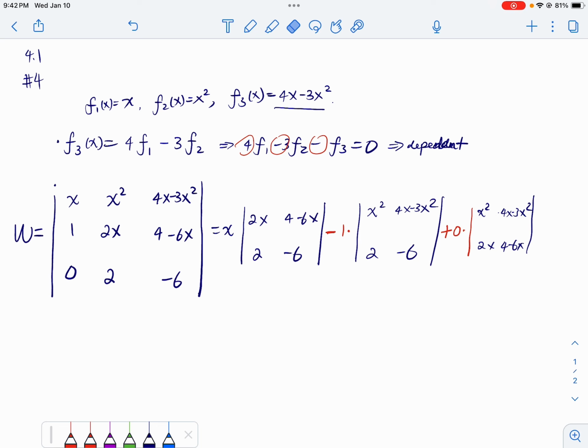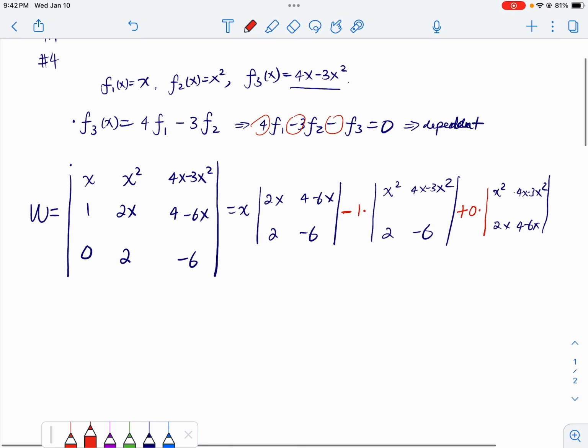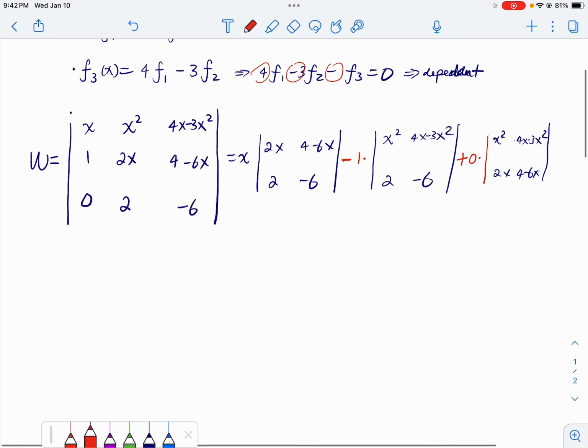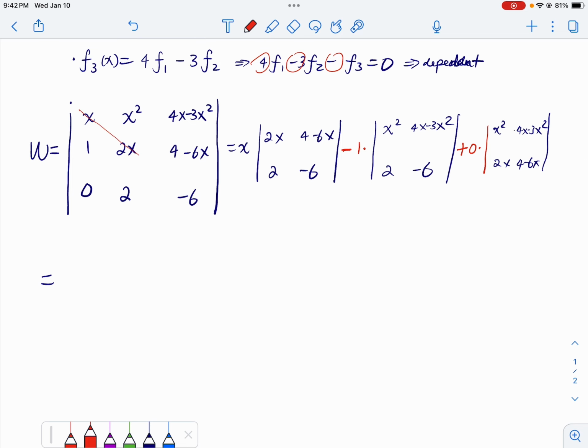Now, method number 2, especially for 3 by 3, is actually pretty handy. You can find the determinant using the product of the diagonals. Actually, I'm sorry, I think I made a mistake, it should be going this way first, okay?